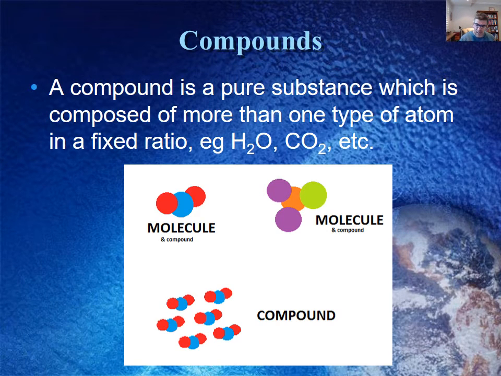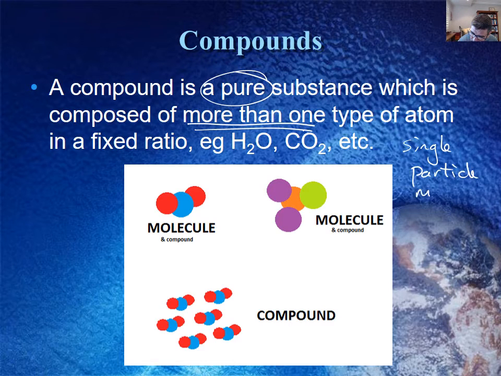Compounds, on the other hand, are also pure substances, but they contain more than one type of atom. Nevertheless, they are still a single type of particle. In this case, each of these particles is a molecule, and these molecules are quite discrete. We get some slight changes to this when we're looking at ionic compounds because they simplify into simple ratios, but we will look at that later on.